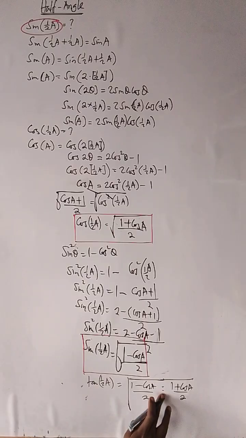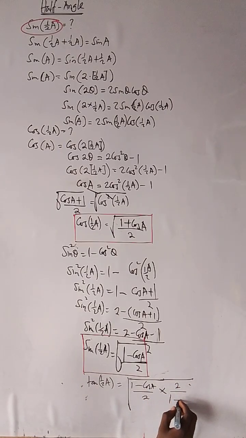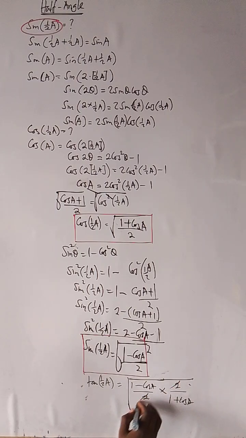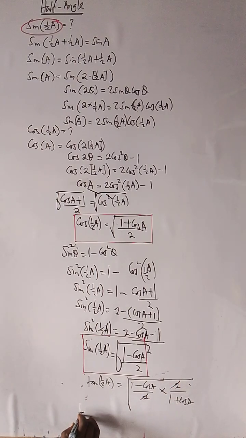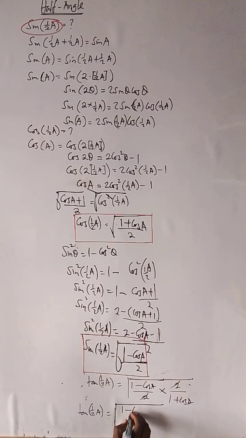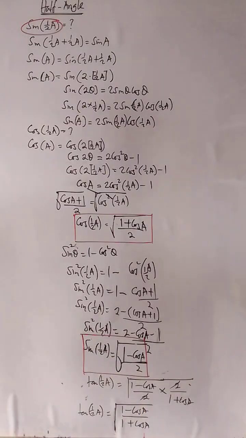In mathematics, if I turn this into multiplication, the 2 goes up, 1 plus cos A comes down. This cancels this. So tan half of A equals the square root of 1 minus cos A over 1 plus cos A. And that is it.